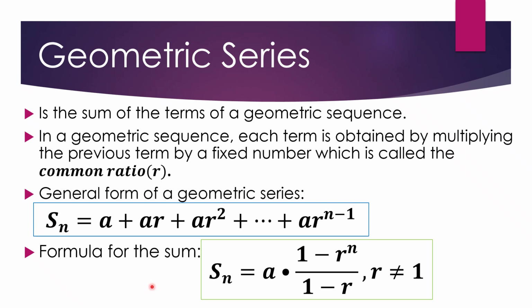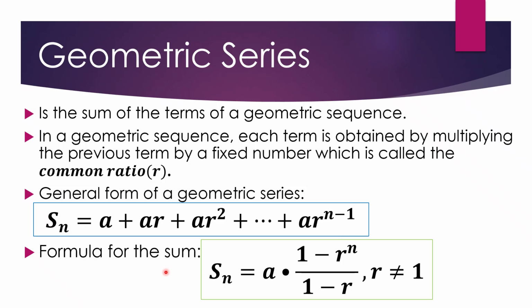So the general form of a geometric series is: the sum is equal to the first term, added to the first term times the common ratio, added to the first term times the common ratio raised to 2, and so on, added to the first term times the common ratio raised to n minus 1. That is the general form.